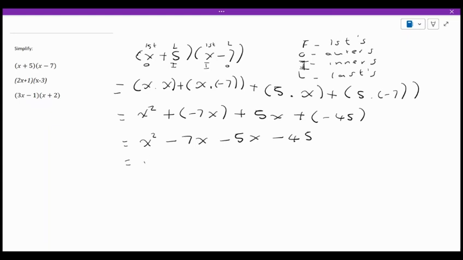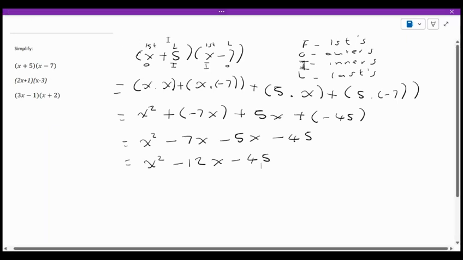Now this is x squared, minus 7x, plus 5x, that gives us what? Negative 2x, minus 35. And that is how we simplify products. We use the FOIL method. We always use the FOIL method.